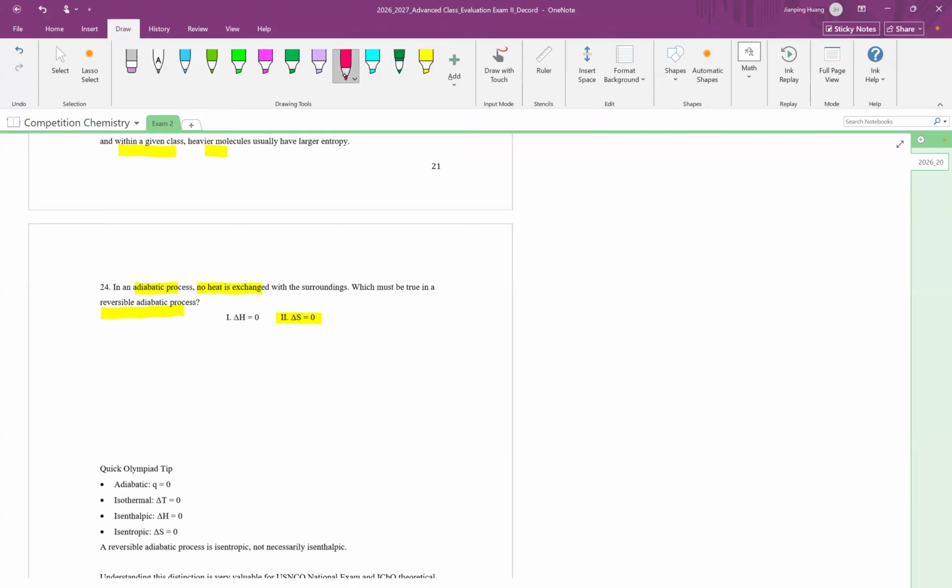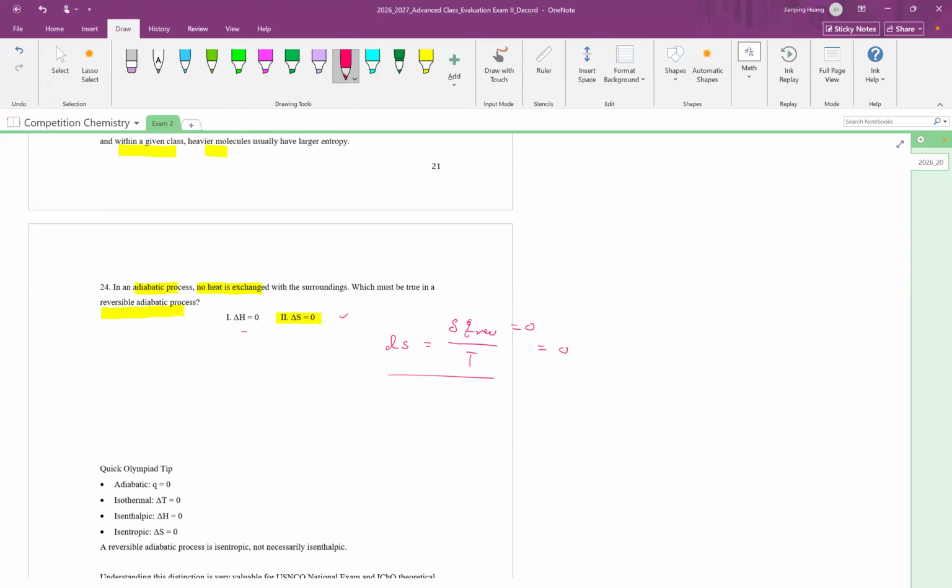And this is the easy one. Why is it easy, class? dS equals delta Q reversible over T. We emphasize this 1,000 times. Because this one equals 0, of course dS will equal 0. Right? 2 is right.